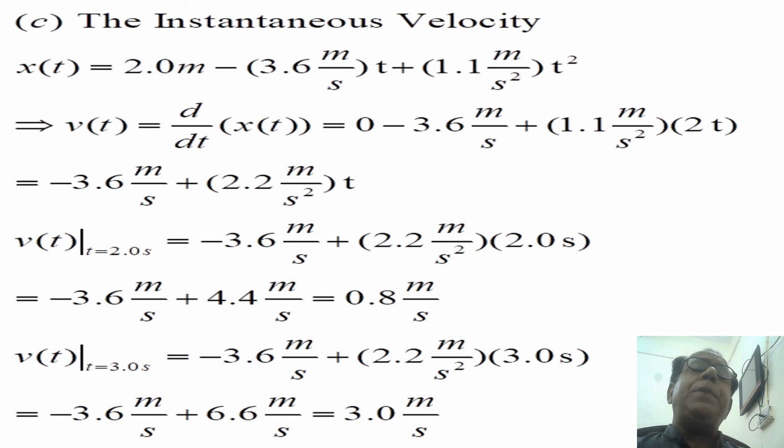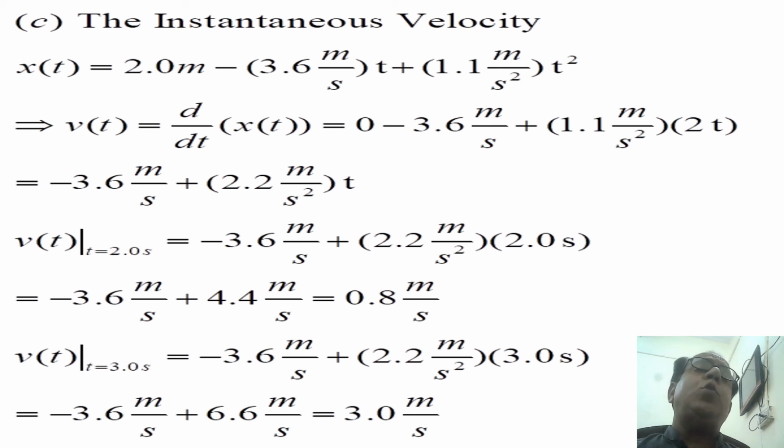After simplification, v(t) at t equal to 2.0 second finally becomes equal to 0.8 meter per second.